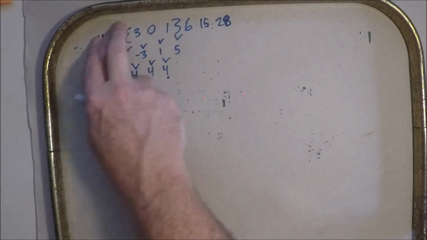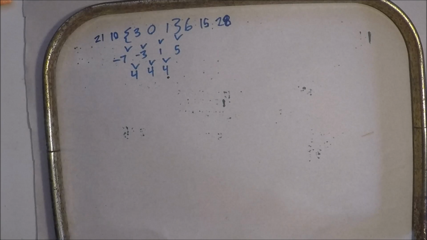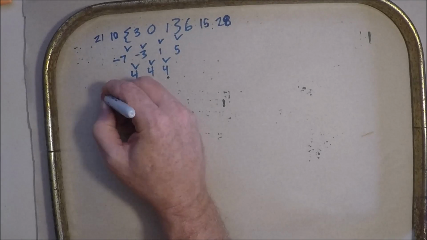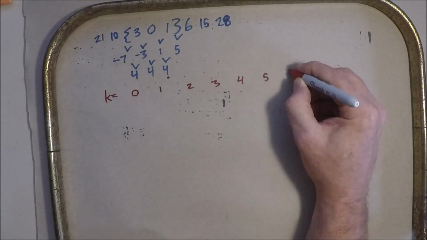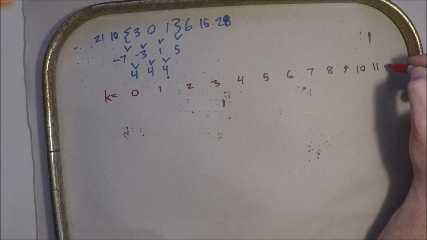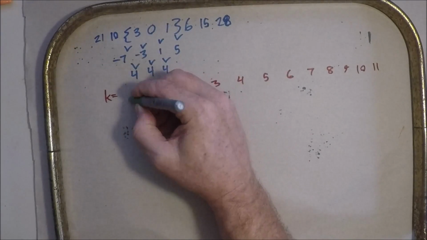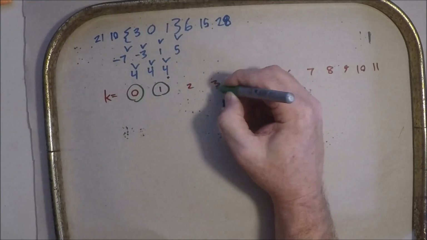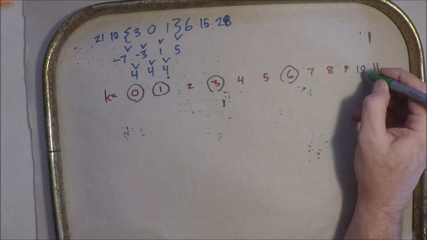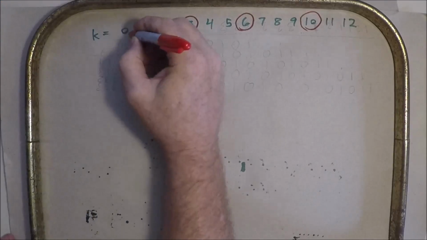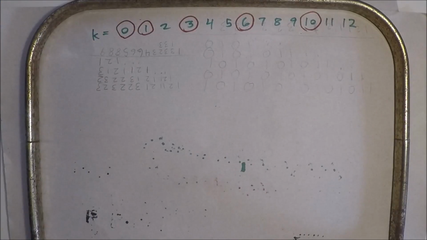This is the sequence of our quadratic, and we want to do something similar to what we did before. Let's just start with our index, k equals 0, 1, and so on. Let's go ahead and circle the values that are values of our quadratic, and 0, of course.